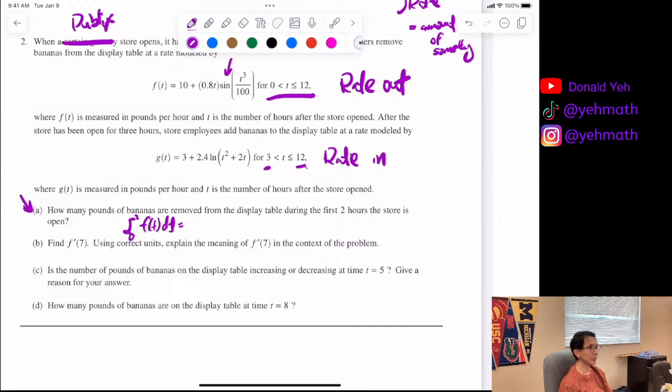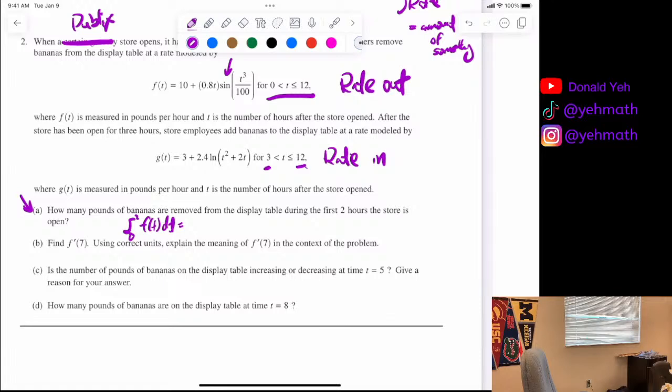Go back. The f1 is basically how you reference your equation. I didn't grab the rate in, right?